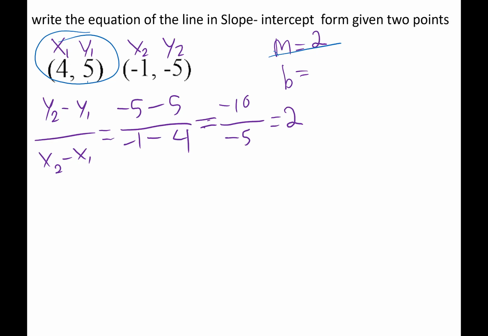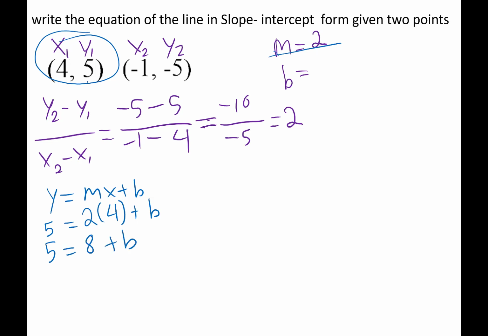So I've got my y is 5, my m is 2, and my x is 4. And we're going to look for that b. Well, I know 2 times 4 is 8.